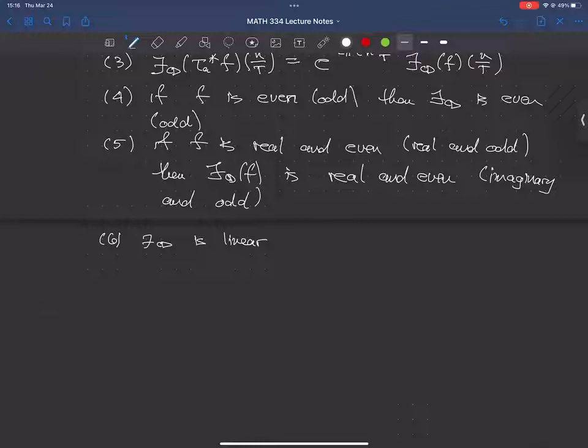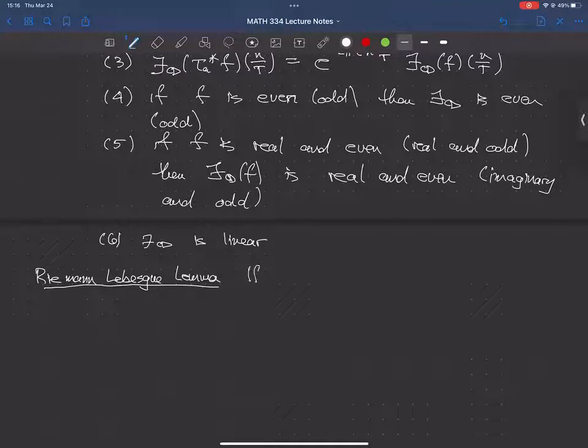So let's now look at a slightly more interesting property of the CDFT. And this is what's called the Riemann-Lebesgue lemma. So I'm going to state a version of the Riemann-Lebesgue lemma which is very slightly more general than how we're going to make use of it here.